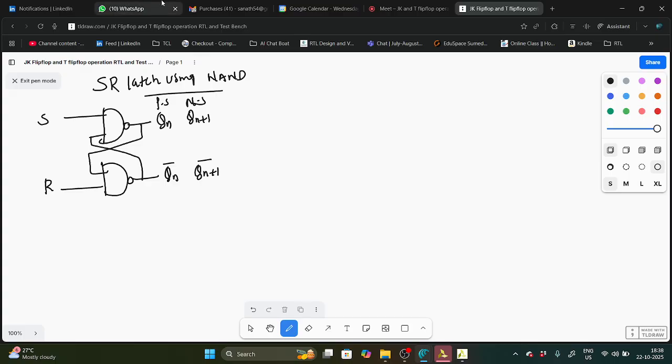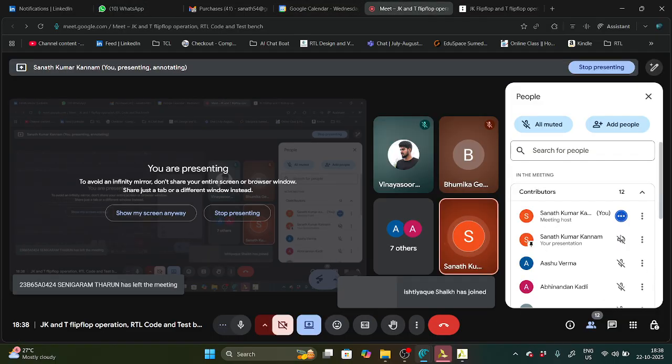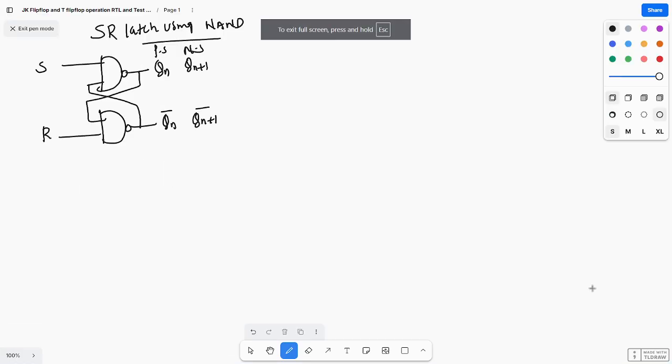Next, what is the truth table for this? We already saw it in the last class: S, R, and Qn plus 1 state.